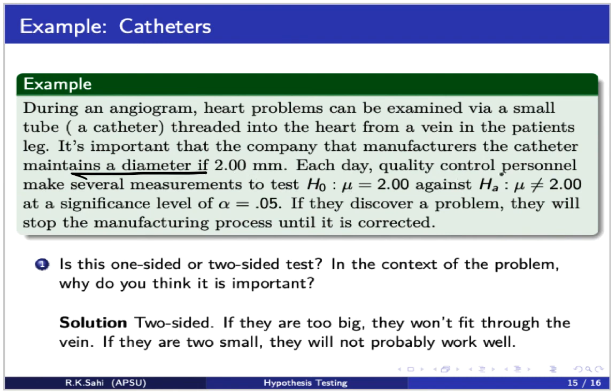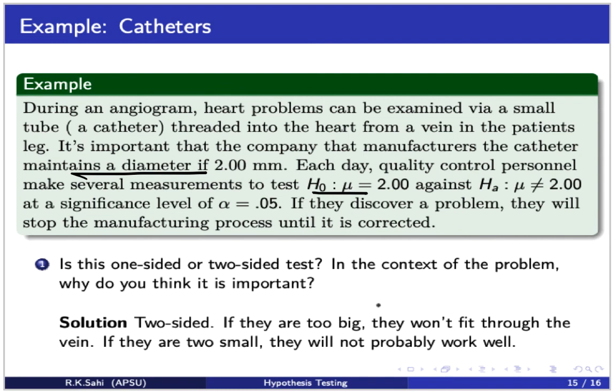Each day, quality control personnel make several measurements to test the null hypothesis that the mean, that is the average diameter of these catheters, is 2 millimeters, against the alternative that it is not equal to 2 millimeters, at a significance level alpha of 0.05, that means 5%. Now, if they discover a problem, they will stop the manufacturing process until it is corrected.